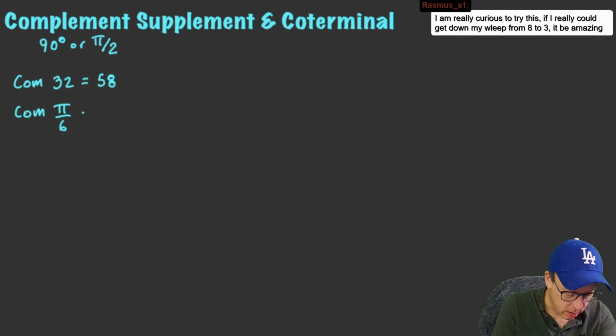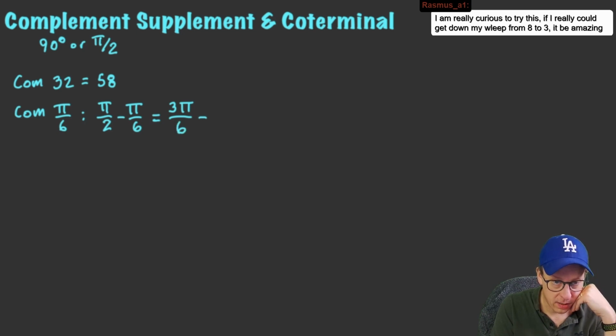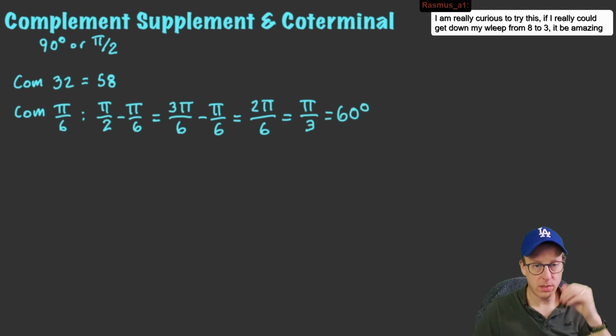Well, that would be π divided by 2 minus π divided by 6, which is going to be equal to 3π over 6, because of course it's the same denominator, minus π over 6, which is equal to 2π over 6, which is π over 3. And π over 3 is the same as 60 degrees.